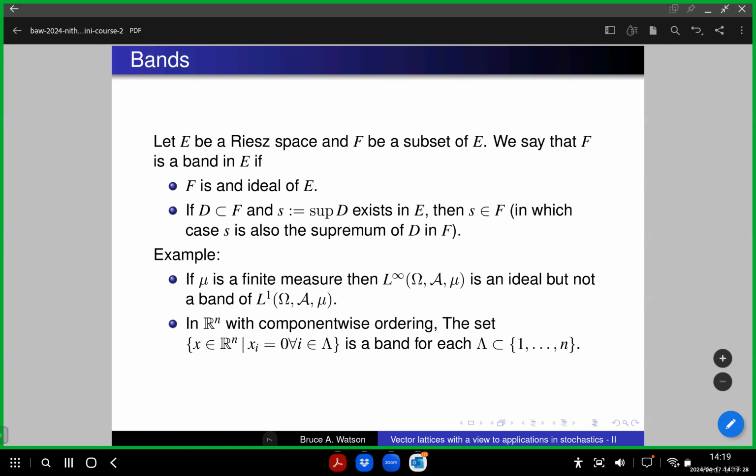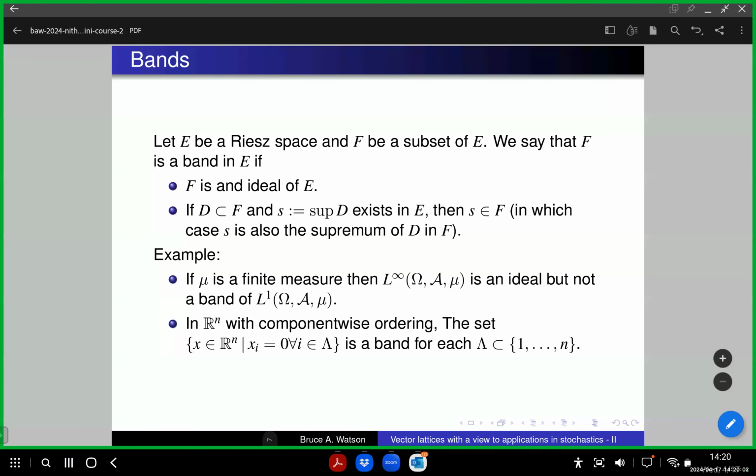And secondly, if we take any subset D of F for which the supremum exists in E, note this is a supremum in E, then that supremum must again be an element of F. And in this case, it is obviously again the supremum of D in F. We get that for free.